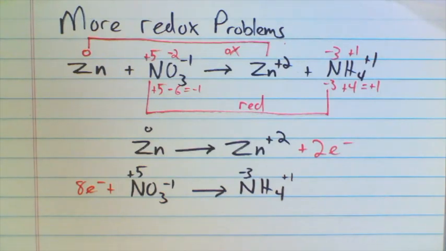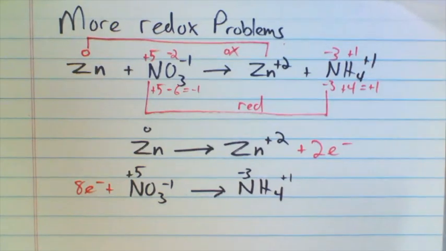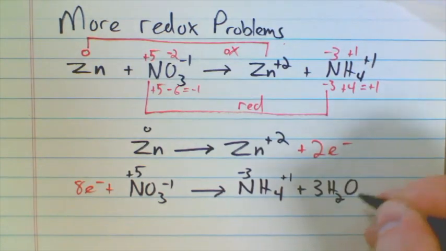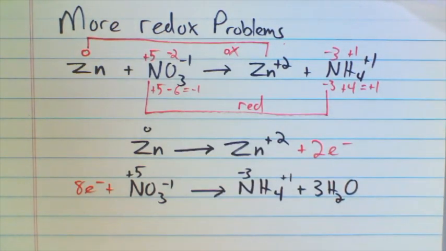Okay, so now we're on to step 5, where we have to balance the oxygen by adding water where needed. Top reaction, not needed. Bottom reaction, where should I add waters? 3 to the right. Okay. On to step 6.